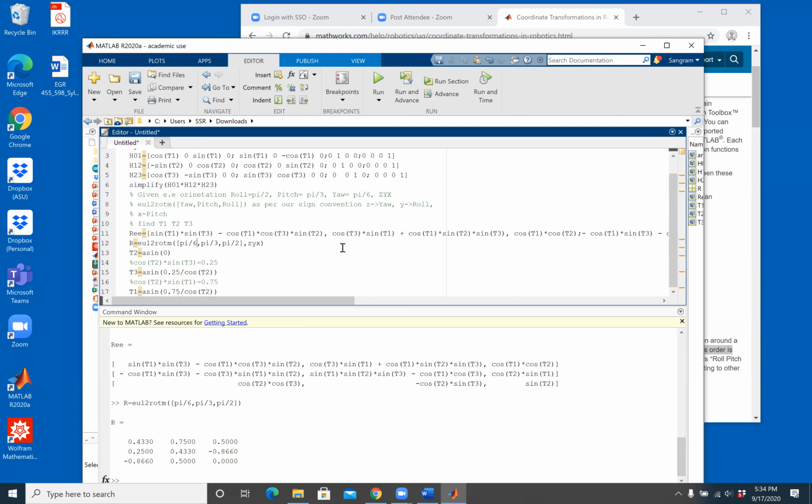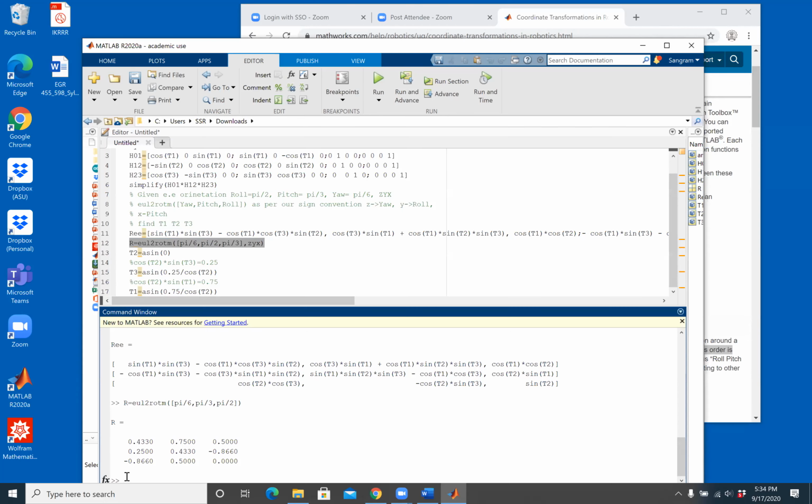This is roll, so this should become pi by 2, and this should become pi by 3. And please note this command. So I will repeat this.